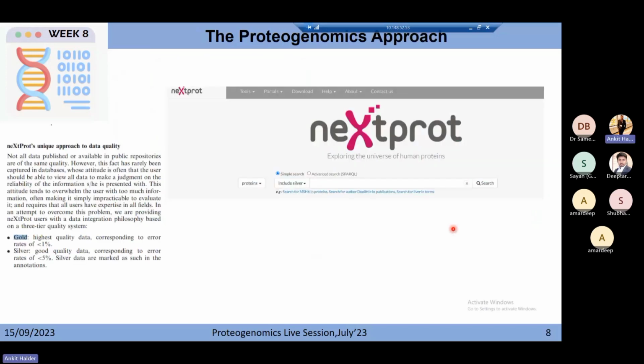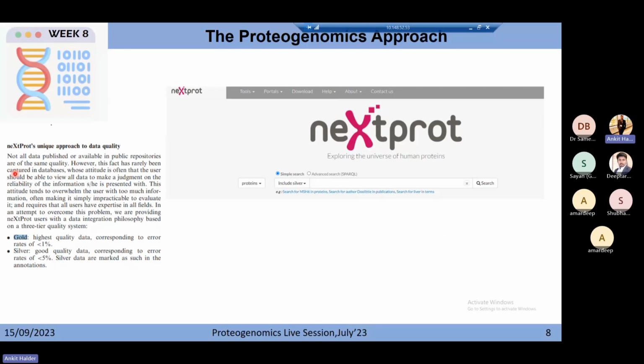So NextProt, as I was mentioning, look at these pictures. NextProt gives us a way to identify those particular proteins.